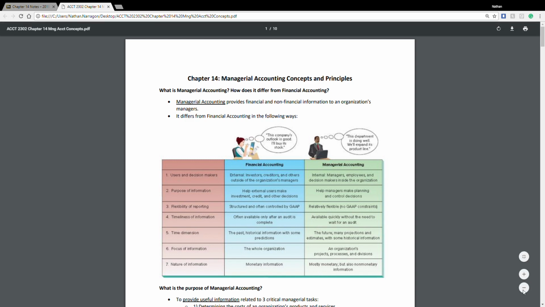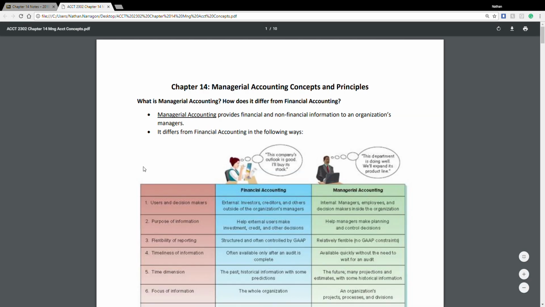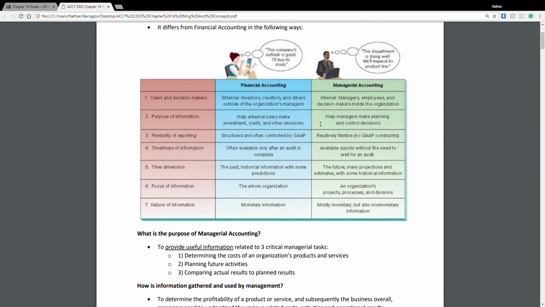So, I want to zoom in, and you actually have the definition right here. Managerial accounting provides financial and non-financial information to the organization's managers. It's all about decision making. That's the biggest key that we have going on here.